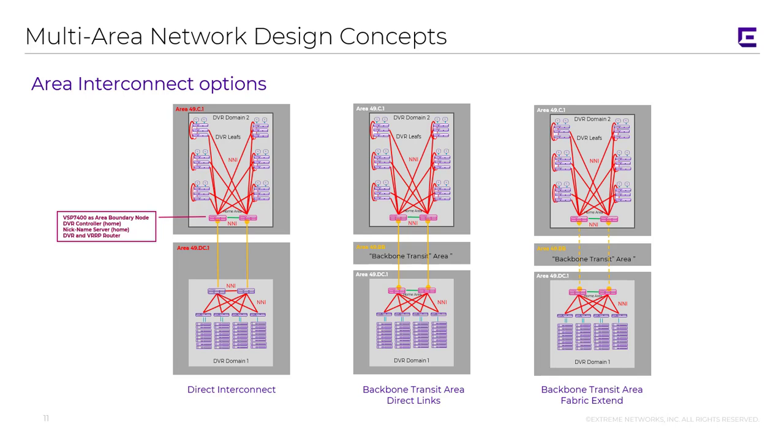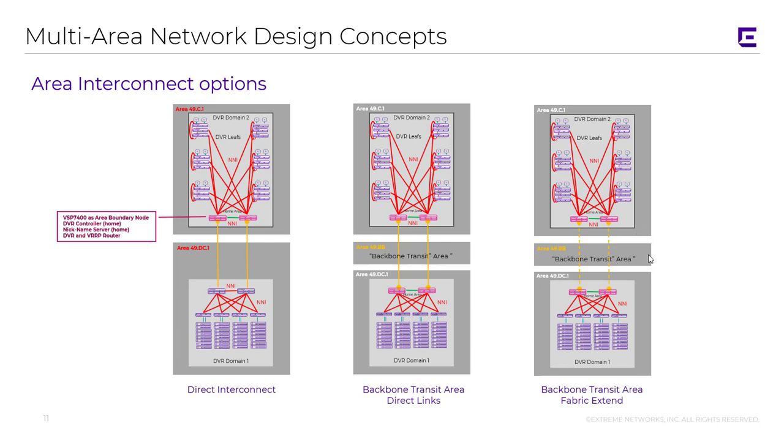Well, as you can see, we not only have area boundary nodes up at the top in 49C1, we also have area boundary nodes down below in 49DC1, and this creates a backbone transit area, 49BB. So this becomes particularly important when you want to scale out to multiple areas, perhaps 4, 5, 6, maybe even beyond that. This is where the backbone transit area becomes a very important design concept. Note how in each of the examples we're showing the green link between the area border nodes. It's important to realize that those are both the home and the remote.